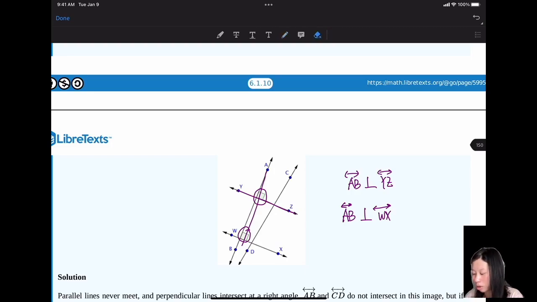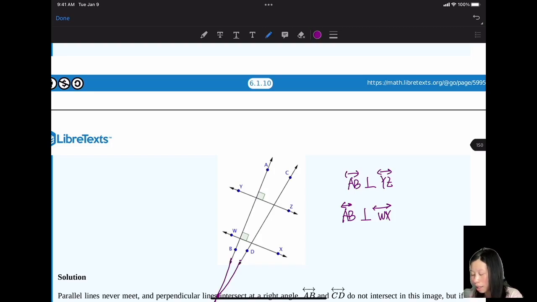Okay, parallel. Which two lines are parallel to each other? Remember, parallel means the two lines never meet and they don't have an intersection. So we can extend the lines and see if they have any intersections. For this one, if you extend it, you will find out that line AB and line CD intersect, so they're not parallel.